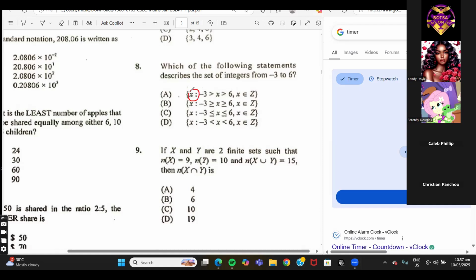The set of all x such that, and I normally like to read from the x going left first, x is less than -3, going right now, x is greater than 6.